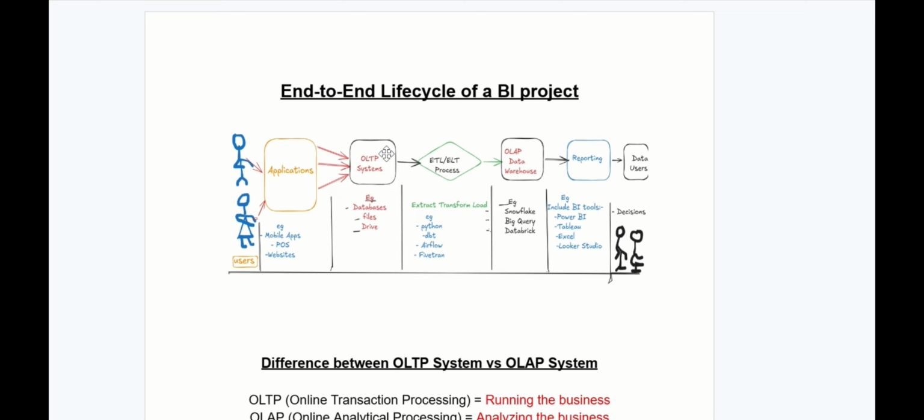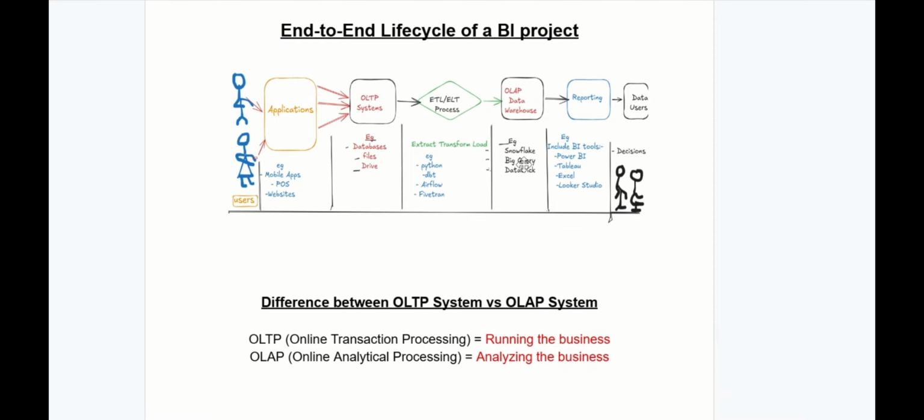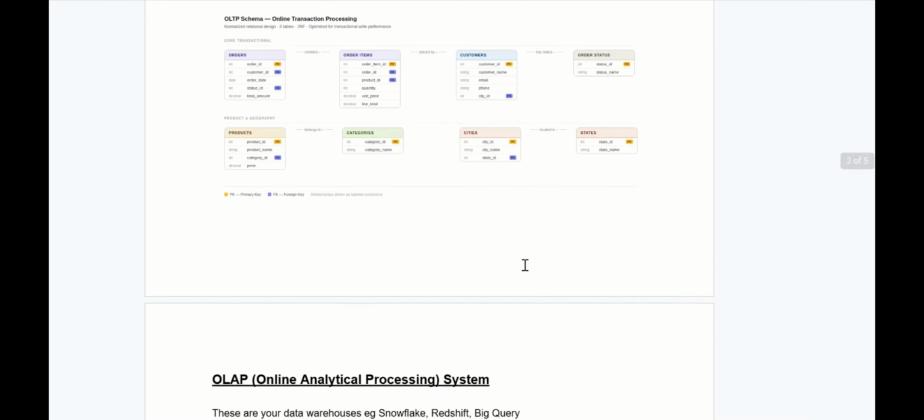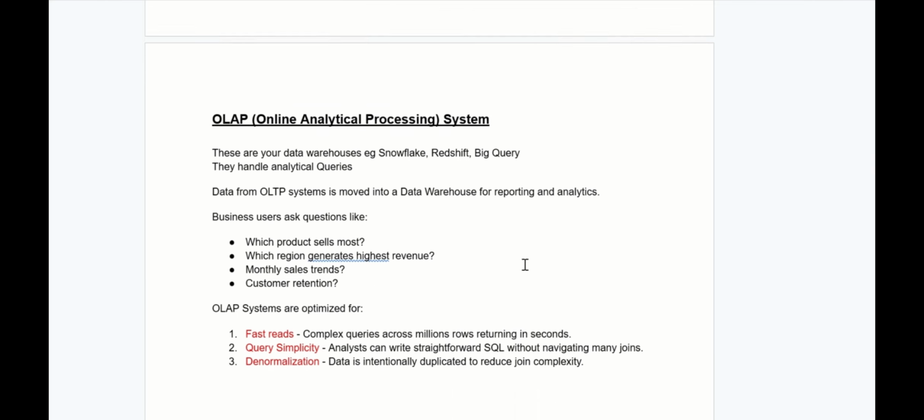We extract the data from the OLTP system, use transformation tools such as dbt or Python, and then load it to the data warehouse. From this end, we can pull this data into Power BI and do the data visualization. And from the data visualization, we can make decisions out of the insights that come from our dashboard. So I think that one is very clear.